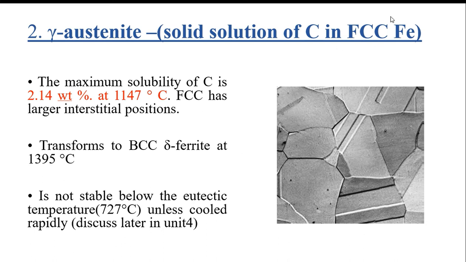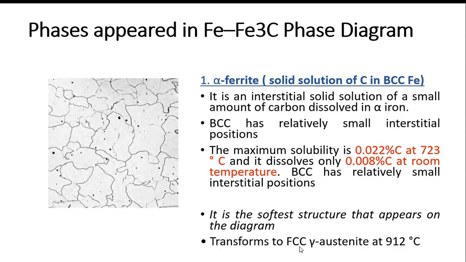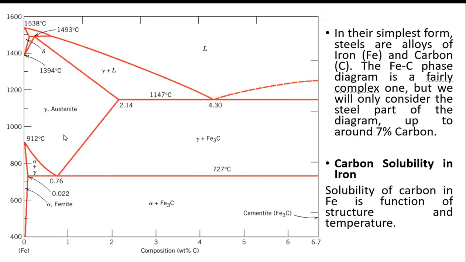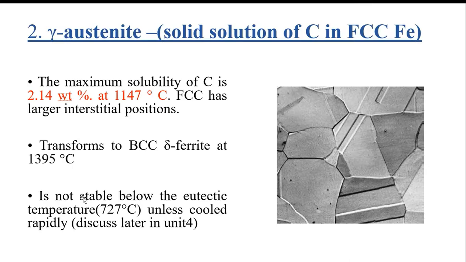The second phase is austenite, a solid solution of carbon in FCC. Because here we transform to FCC, and here it is BCC ferrite, right? The maximum solubility of carbon is 2.1 at 1147, right here. This changes, right? This is austenite.